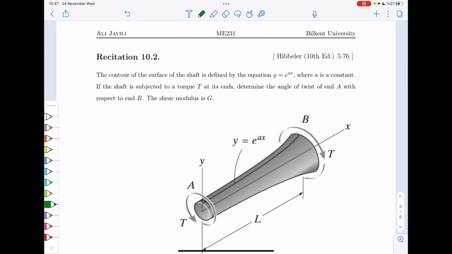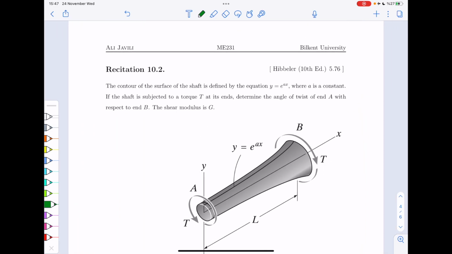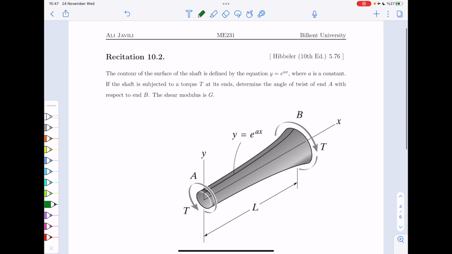Okay, so the second exercise is this. We have a shaft that has a changing cross-sectional area. Now, for this shaft, the curve here has the equation y equals e to the power ax.